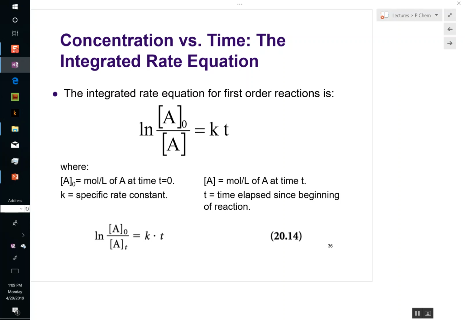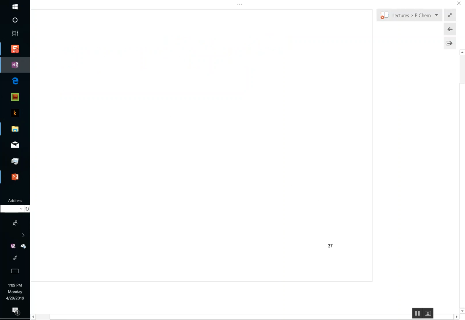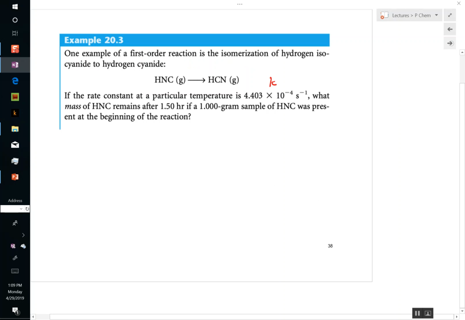You do have to pay attention to that, because if you get into second order and other order reactions, the units are a little tricky. Because sometimes you're taking the natural log of the reciprocal molarity or something like that, and it's hard to really say exactly what that is. Good question.